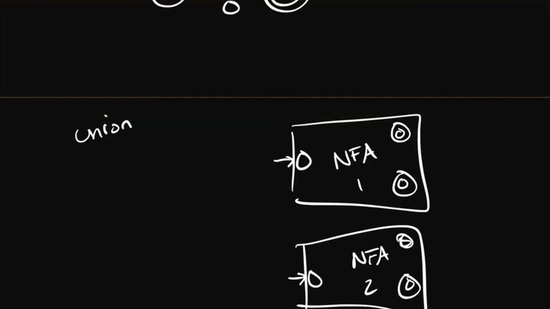That's what non-determinism gives you. Well, how can I exploit that for union though? I don't know, given the string that I have, whether the first NFA is going to accept it or whether the second one's going to accept it. Could the non-determinism help me here? Yeah, how can it help me?